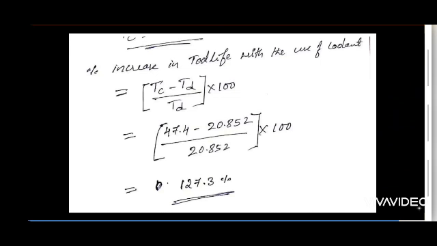If you calculate with TC value 47.4 and TD value 20.85, divided by 20.85, you will get 127.3 as the percentage increase in tool life just because of use of coolant. Even though cutting speed is the same, because of use of coolant, tool life increased by 127% of initial tool life. 100% is nothing but doubled. 127% is more than double the value.